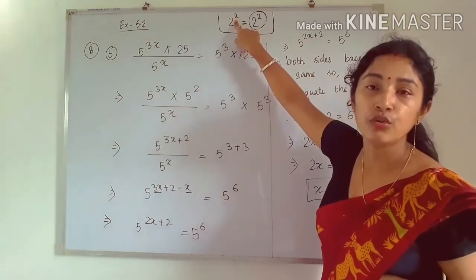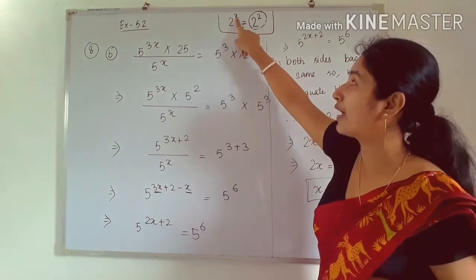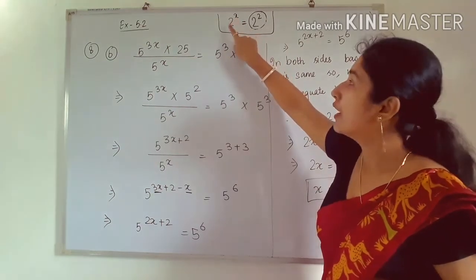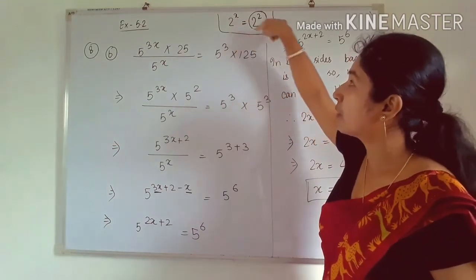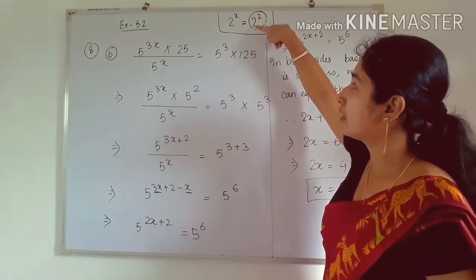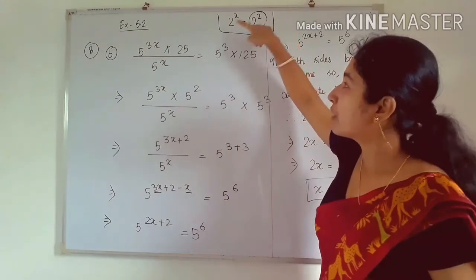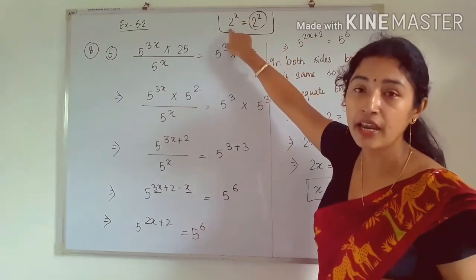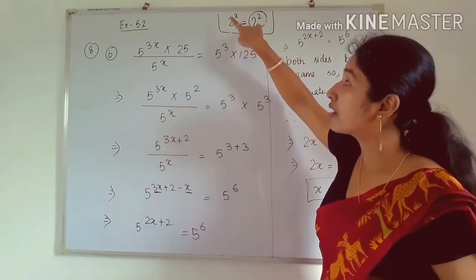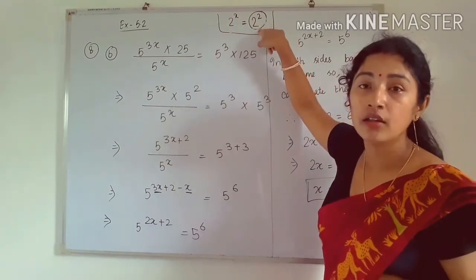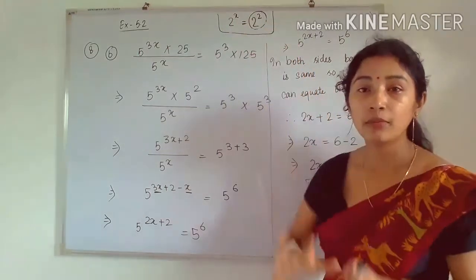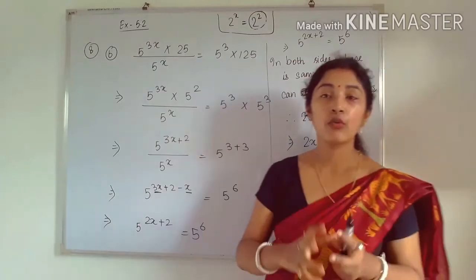The power will be 2. If we put the power as 3, what will happen? It will become 2 to the power 3, and on the right hand side it will be 2 squared. What is the answer of 2 squared? It is 4. But what is the answer of 2 cubed? It will be 8. But is 8 equal to 4? The answer is no. So you have to equate both sides.